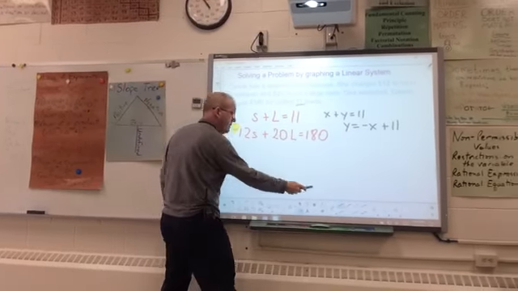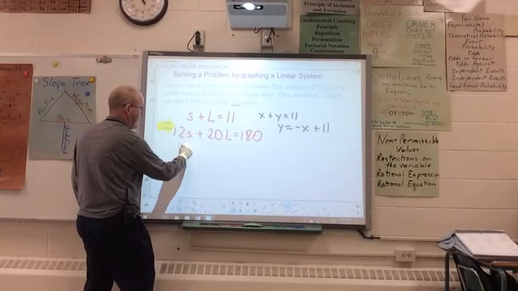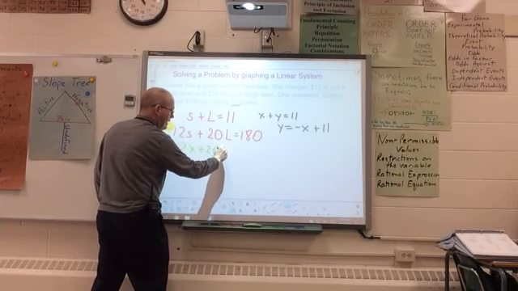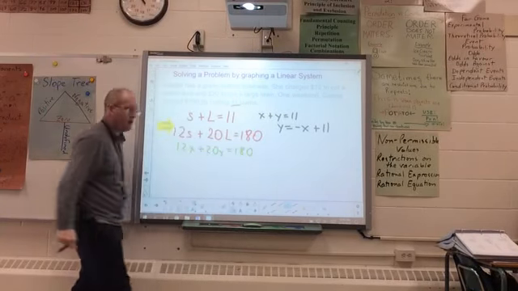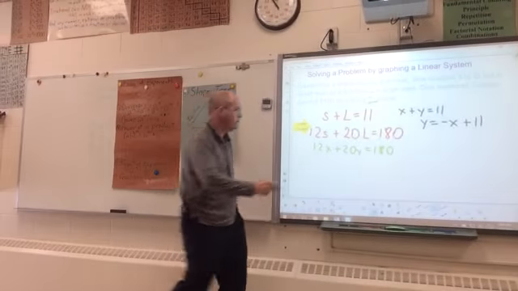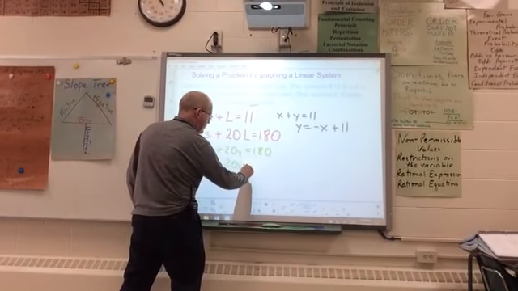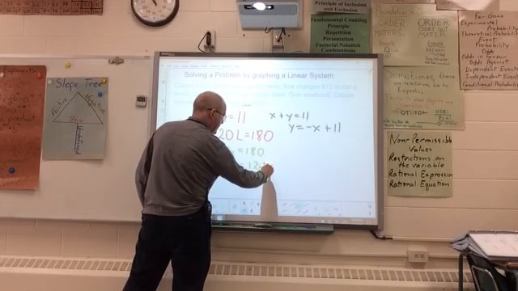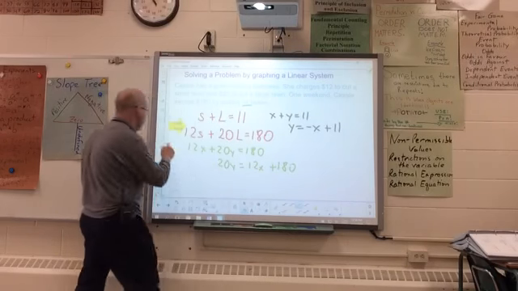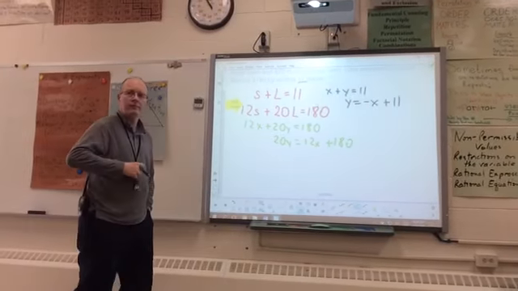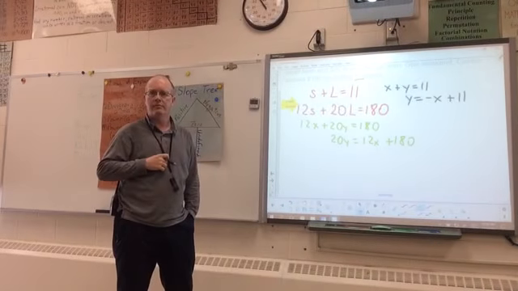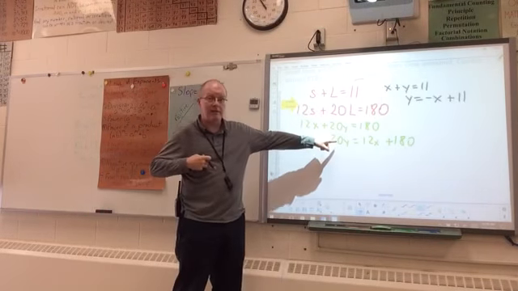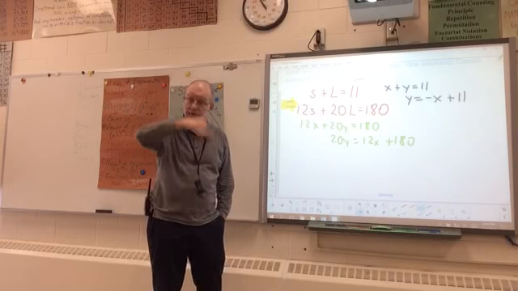The other graph is a pain. Hang on, 12x plus 20y equals 180. So what would I do first? 20y equals minus 12x plus 180, and then? Every time there's a number beside the y or the x, you have to divide it, because that's multiply, and to get rid of multiply, you divide.